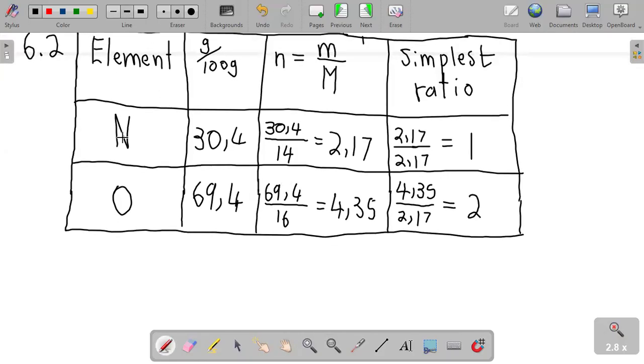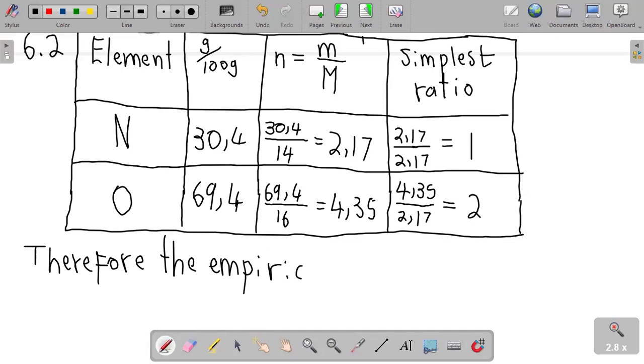So it means that, therefore, the empirical formula is N1O2.